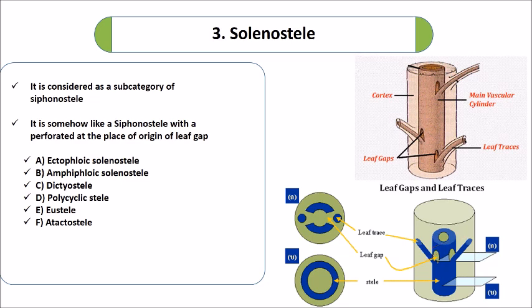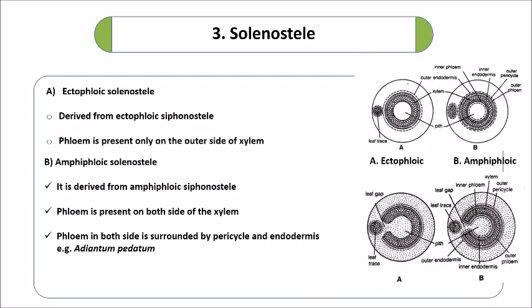So further, if we classify Solenostele, it may be ectophloic Solenostele, amphiphloic Solenostele, dictyostele, polycyclic stele, Eustele, or atactostele. So let's have a discussion one by one. The ectophloic Solenostele and amphiphloic Solenostele are nothing but a slight modification of ectophloic and amphiphloic Siphonostele.